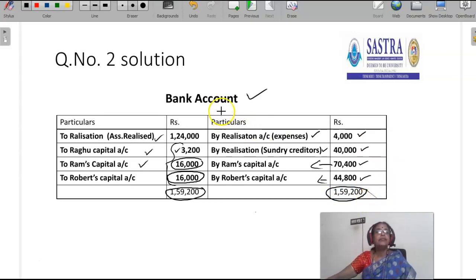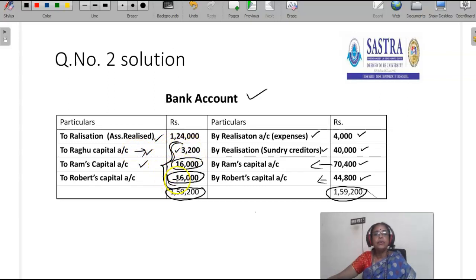Okay. Here we first have to calculate how much amount the firm has. In this problem, there is no opening balance. So, assets realized, and the cash that is brought by the partners. Even though Raghu is an insolvent partner, he brings cash to the extent of 3,200.